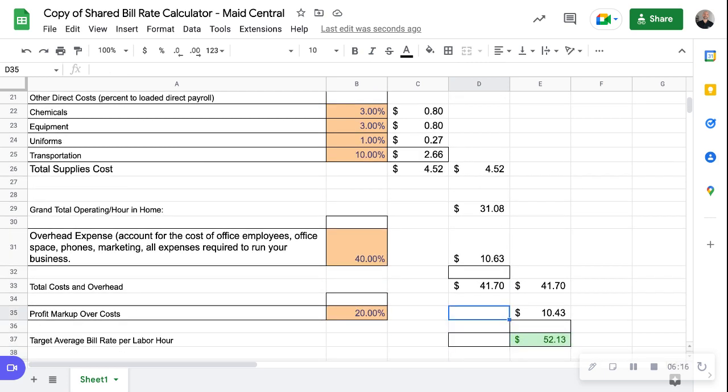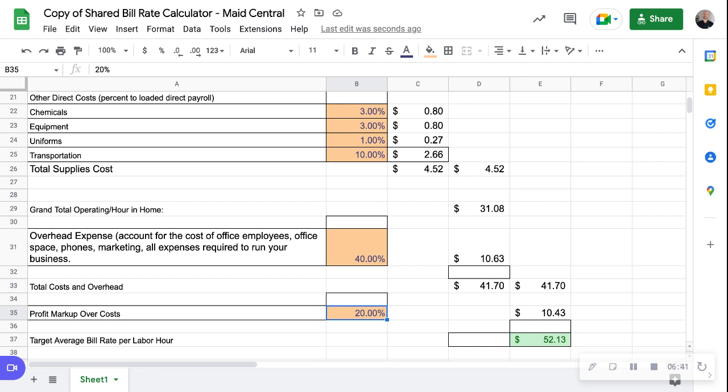And then profits. What do you want to make for every hour that they're working? What do you want to bake in for your company? A good rule of thumb is 20%. You can certainly shoot for lower profit margins, but again, this is a variable that you're really just estimating here.